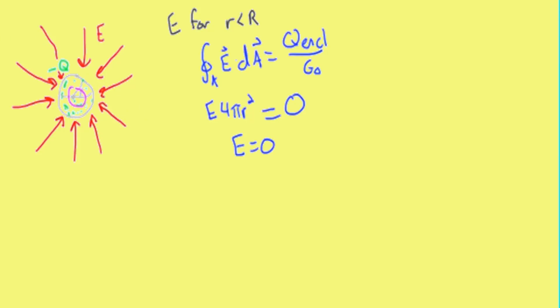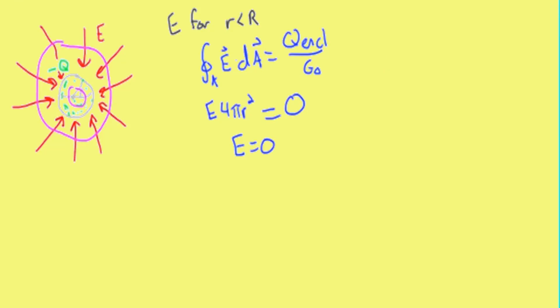So now we can do the second part, where we now draw a Gaussian surface outside. So it'll be a concentric sphere that encapsulates this conducting sphere.